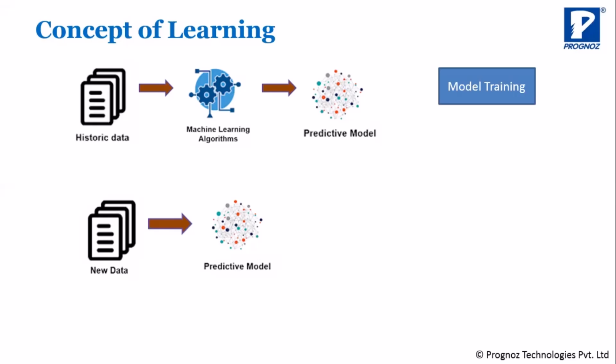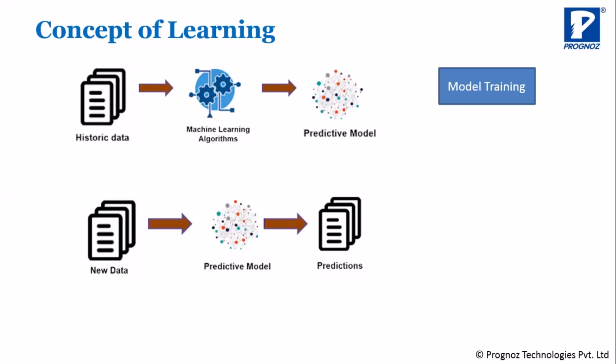Similarly, when we give new data to this predictive model, the predictive model is going to predict some output. That output is termed as the prediction made by the model. Now we compare this prediction with the real output, or we can say the targeted output, and then we observe the deviation. If the deviation is high, we will say the model is not very good. It needs to be retrained.